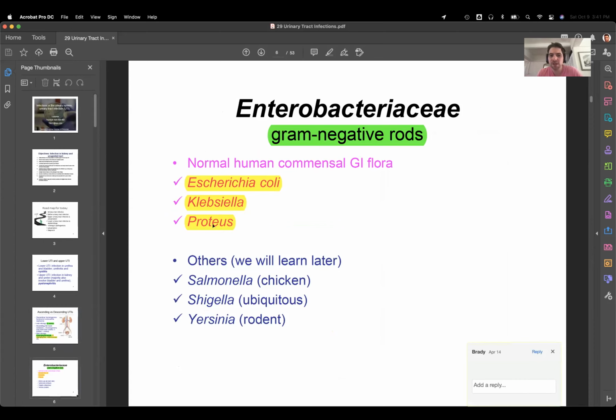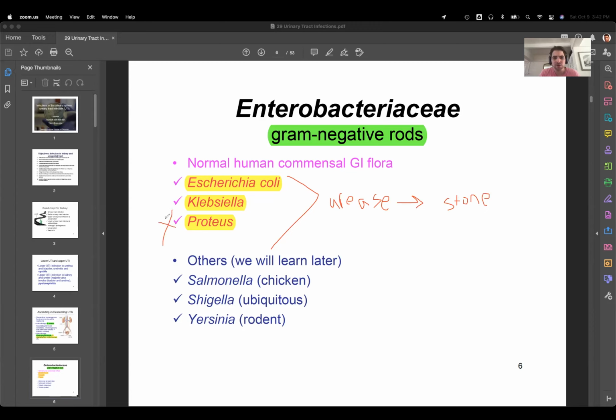Proteus is big. When you think about Proteus, you need to think about stone formation. These are all going to form urease, and anything that forms urease is going to make stones. But when they give you this situation, Proteus is the big one. It makes those huge staghorn stones, okay?